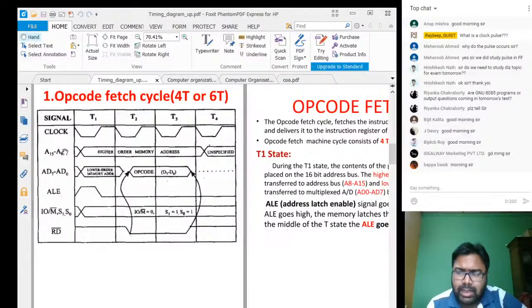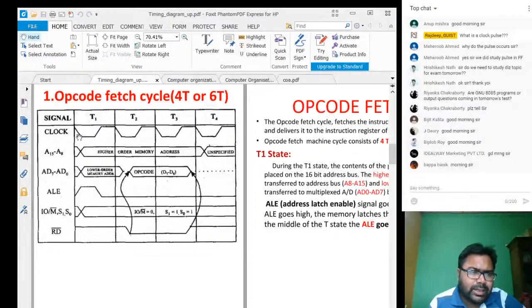I hope I told about this in your earlier classes, so I don't think you should be confused. AD0 to AD7 are multiplexed lines, so you can use them for both address as well as data, whereas the others are used only for specifying the address.